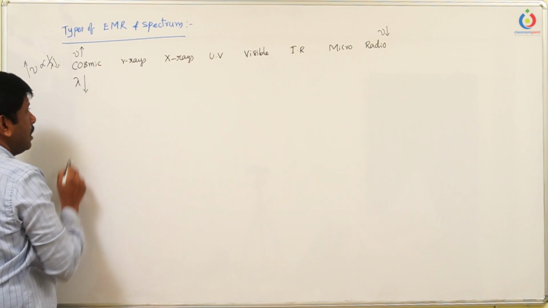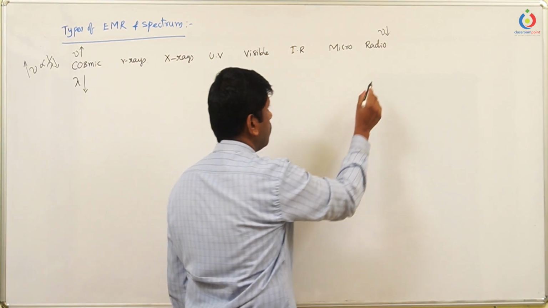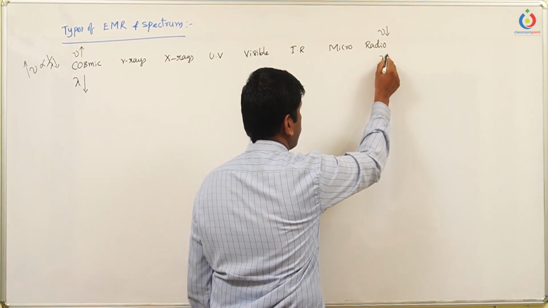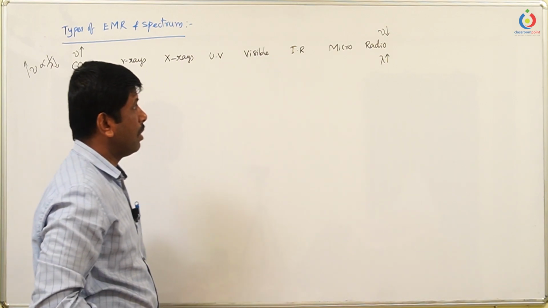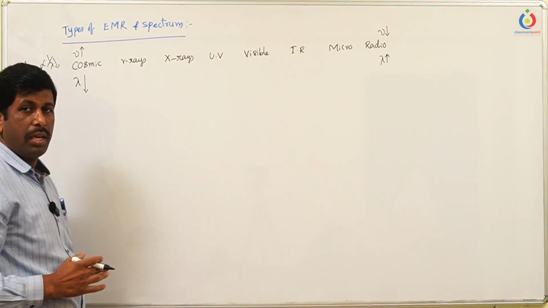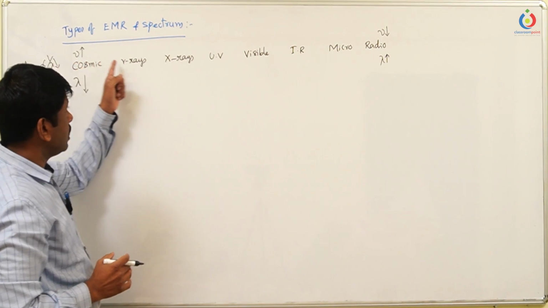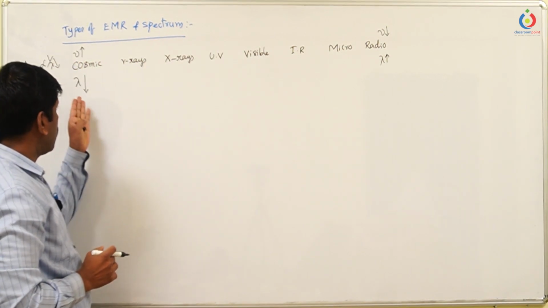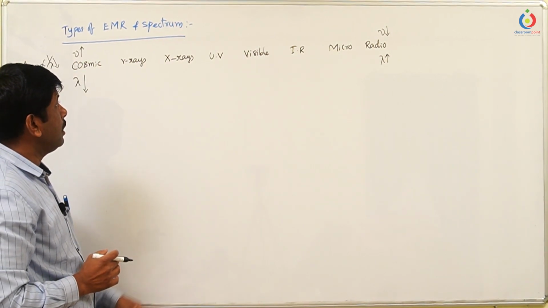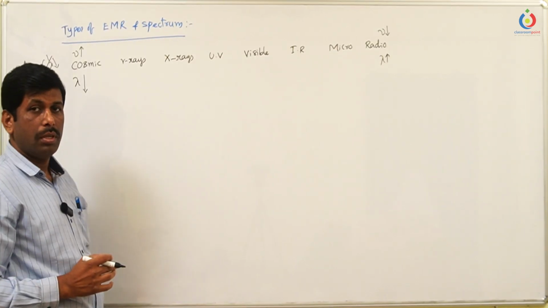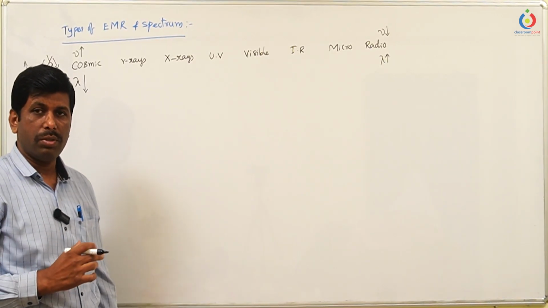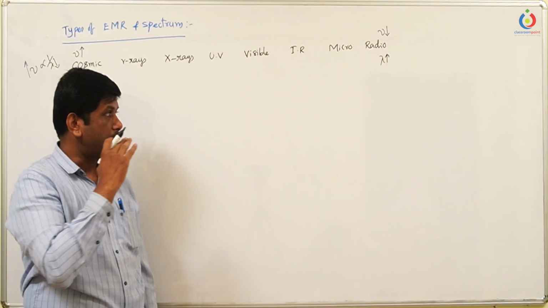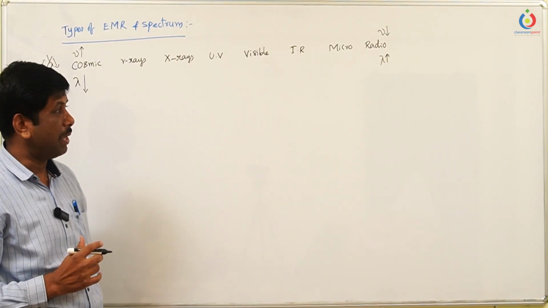Here wavelength is less and here wavelength is more. The arrangement of the various types of electromagnetic radiations in the decreasing order of their frequency or increasing order of their wavelength is known as the spectrum. That arrangement which gives a graphical representation is what is called the spectrum.